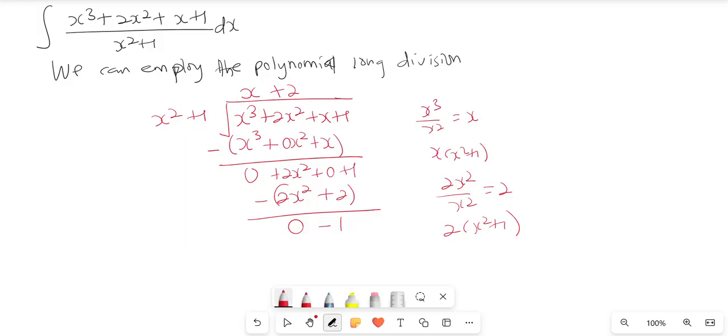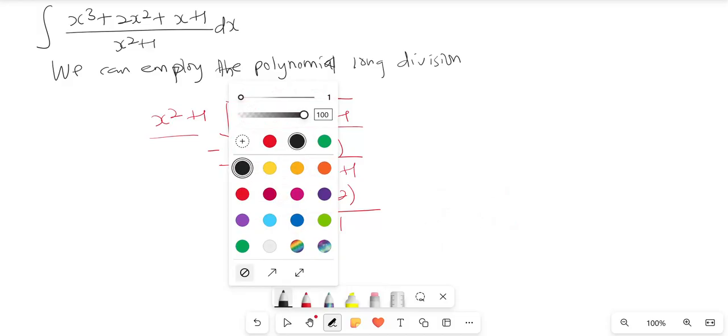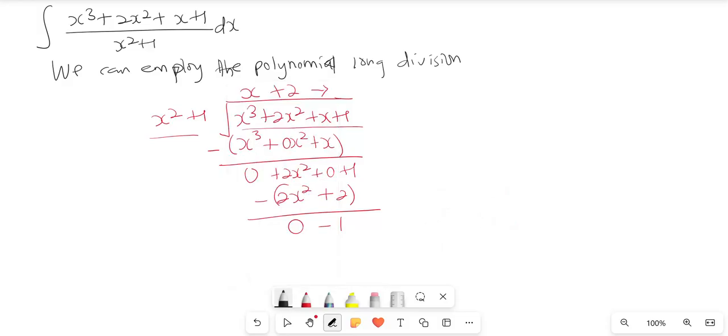So in the end, this is our quotient, the result of dividing this polynomial by this polynomial. So this x cubed plus 2x squared plus x plus 1 all divided by x squared plus 1 can be written as the quotient, which we got to be x plus 2, plus the remainder.